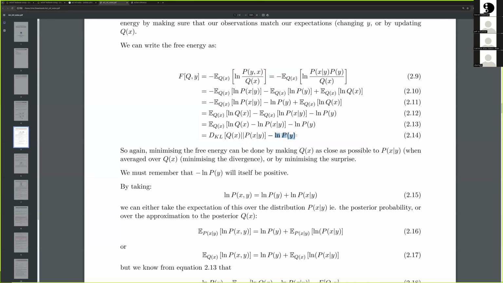So this is whatever it is. Here's the KL divergence between the distribution that you can control your surprisal from and the empirical distribution P.